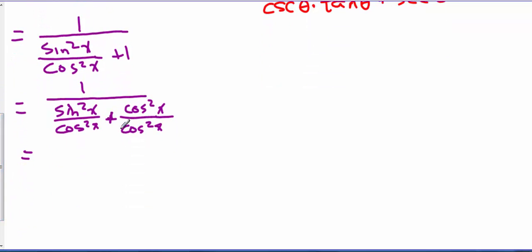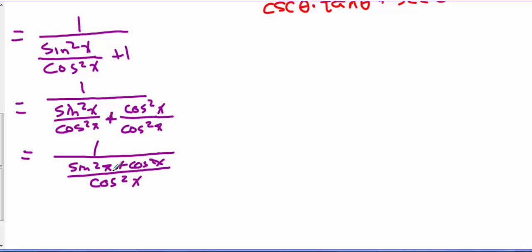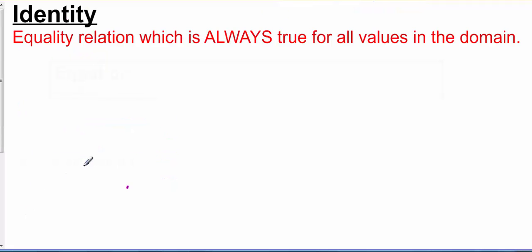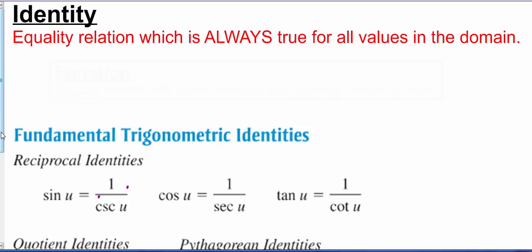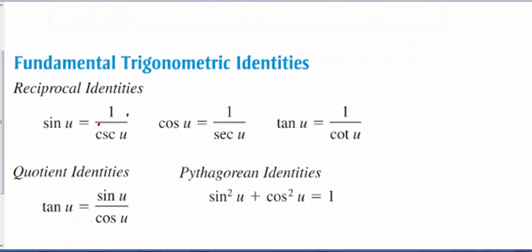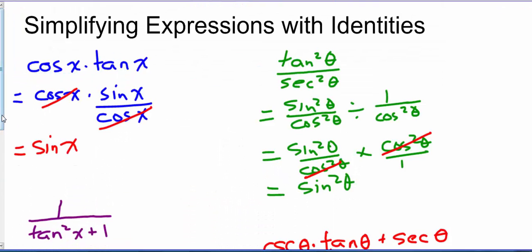And now with the common denominator here, I can make that into a single fraction. And I'll have sine squared x plus cos squared x as the numerator in my denominator over cos squared x. And I'm almost done now. Sine squared x plus cos squared x was the Pythagorean identity, so it's the same as just the value 1.